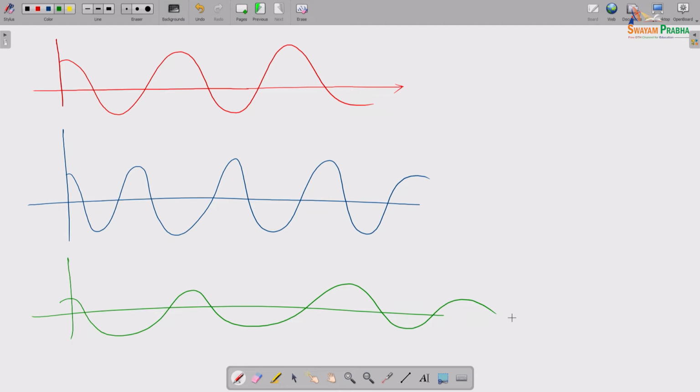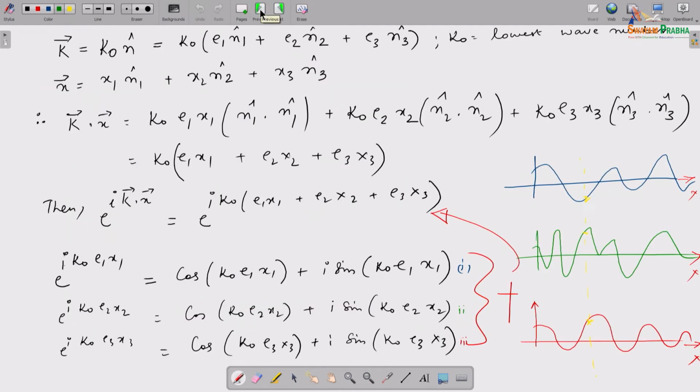Now I think you'll see the difference between this and this. Apart from the fact that I probably didn't draw this correctly, this is not exactly a cosine function, but let's forget that for a while.